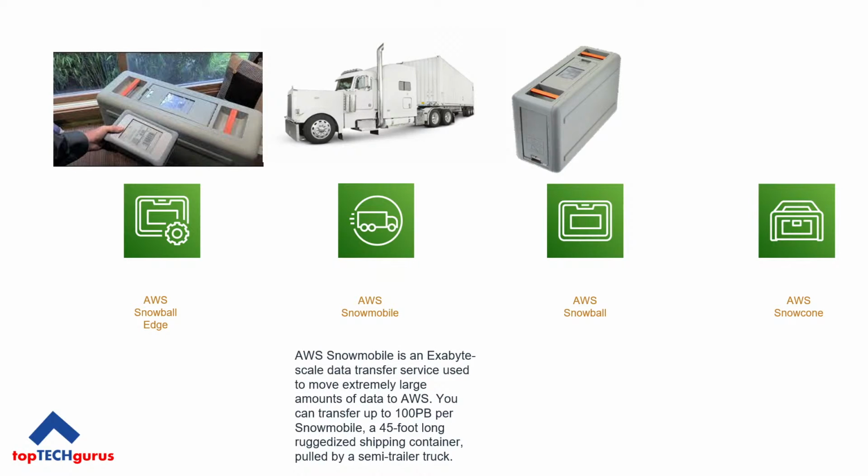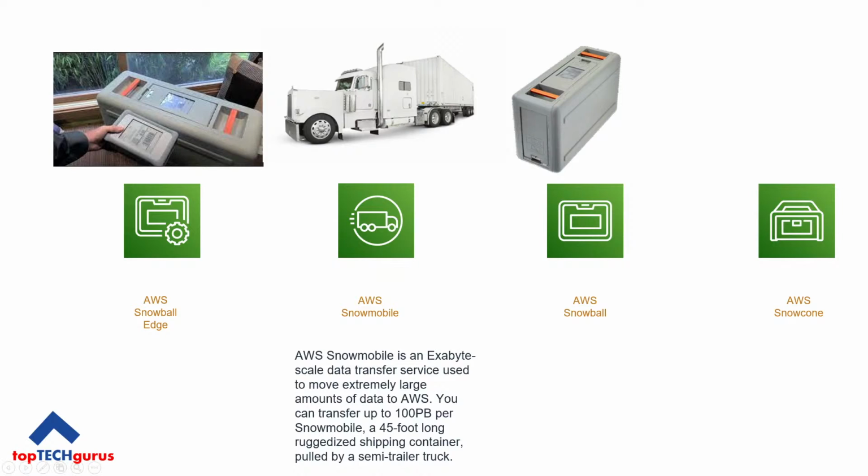So in that instance, it's better to call in the Snowmobile and get the data transferred physically. How cool would it be to have so much data that you can't even transfer it over the internet, and a truck has to pull in to move it physically.